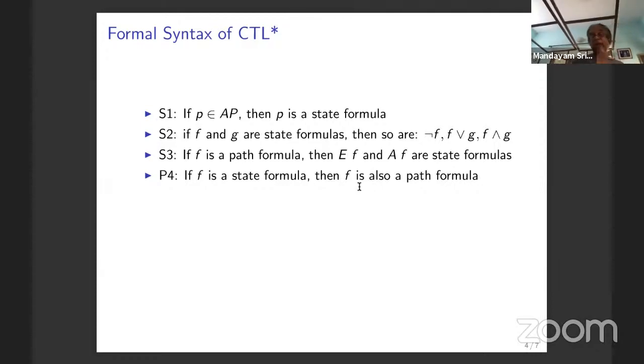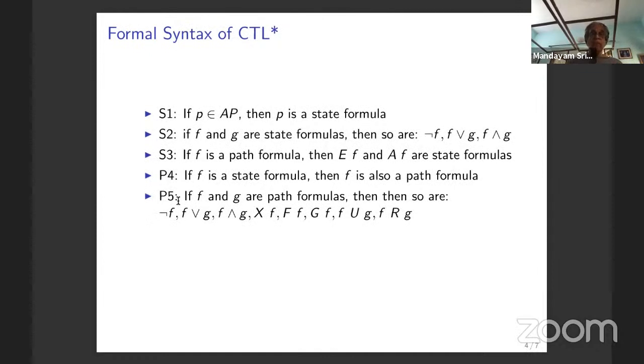And as I informally said in the previous slide, this is true of those paths in which F is true of the first state on that path. Another way, of course, if F and G are path formulas, then you can use the usual logical connectives to construct other path formulas. And additionally, you can use any one of those linear temporal operators that we showed.